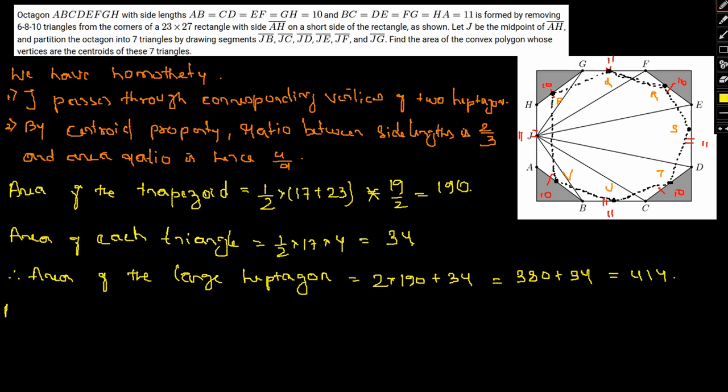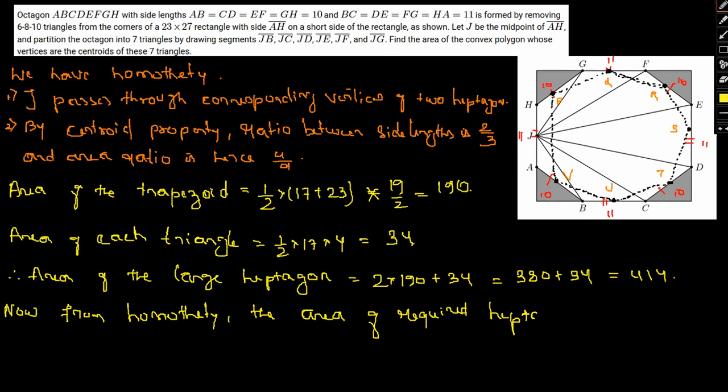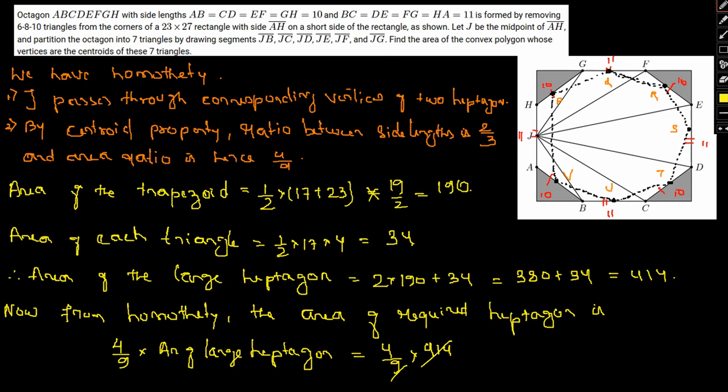So now, from homothety, the area of the required heptagon is 4 by 9 into the area of the large heptagon, which in turn would be 4 by 9 into 414.